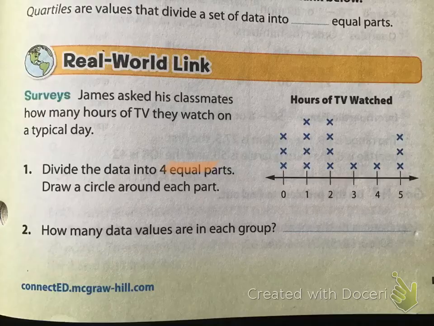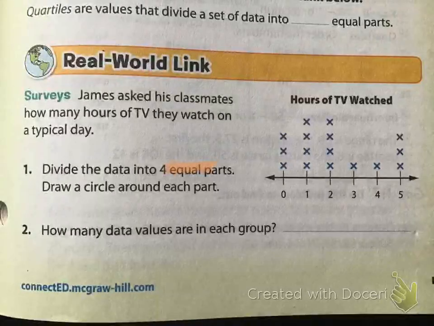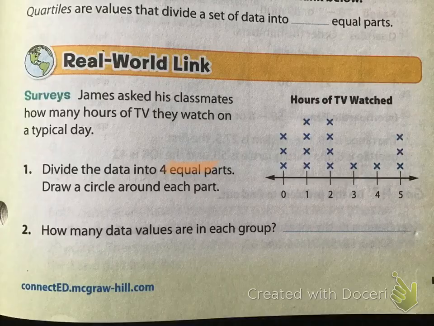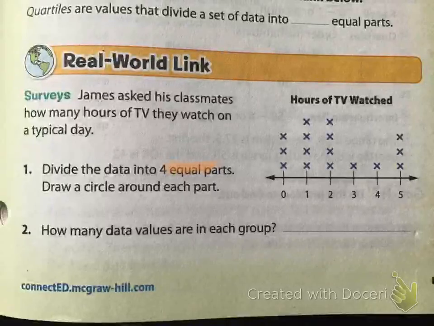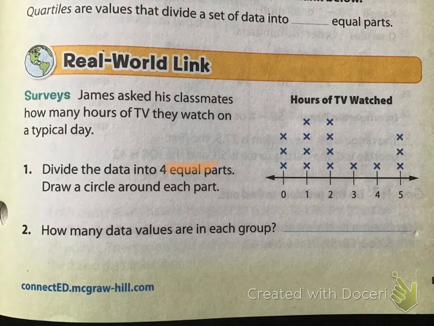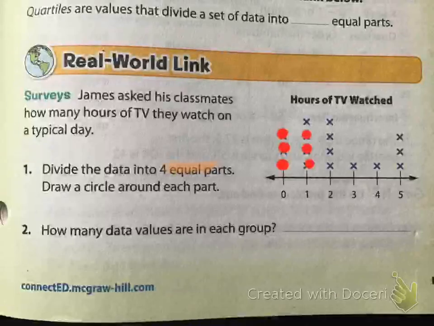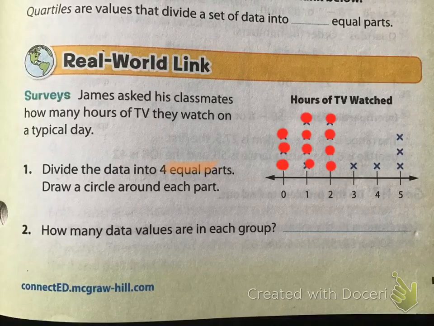It'll be fun. So, James asked his classmates how many hours of TV they watched on a typical day. Divide the data into 4 equal parts and draw a circle around each part. So before we can divide the data, we have to find out how much there is. So we've got 1, 2, 3, 4, 5, 6, 7, 8, 9, 10, 11, 12, 13, 14, 15, 16.